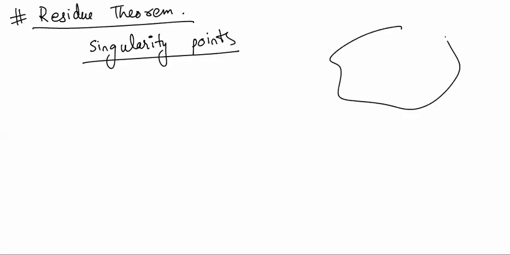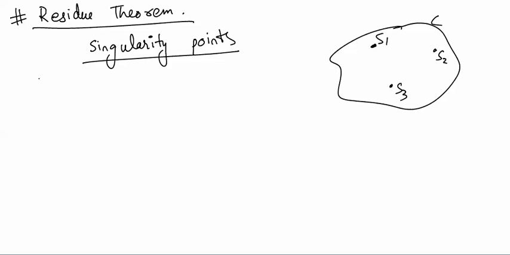So in a function, let's say there are certain points. Let's say this point, and this point. These 3 points, the function is not analytic. Otherwise, it is all analytic in this closed curve. So these 3 points will be called singularity points, S1, S2, S3. Right?